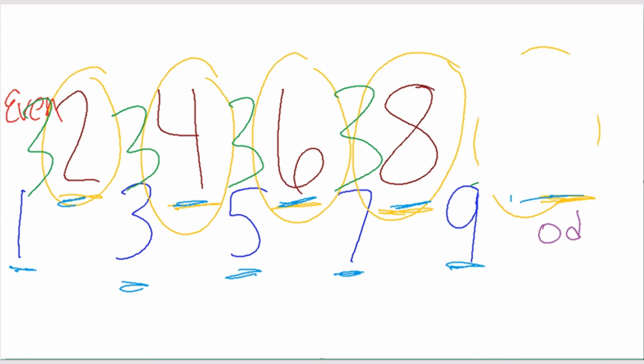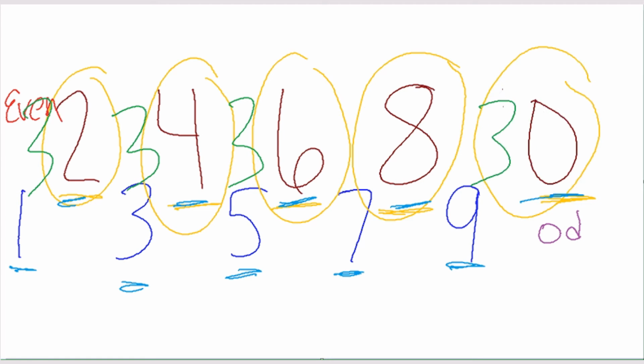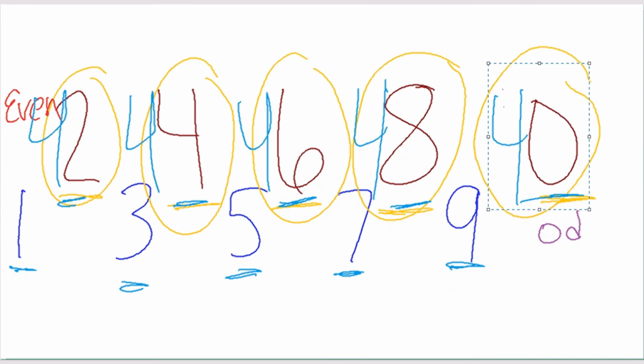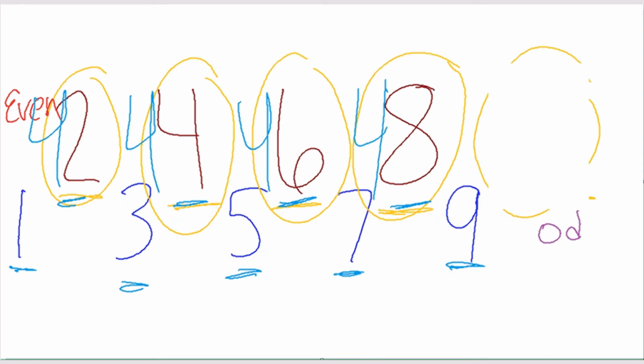Let's put it in here so we can see it. 40. Or we can keep going with that and we can say 42, 44, 46, 48, and what do you think? It's going to be 50.